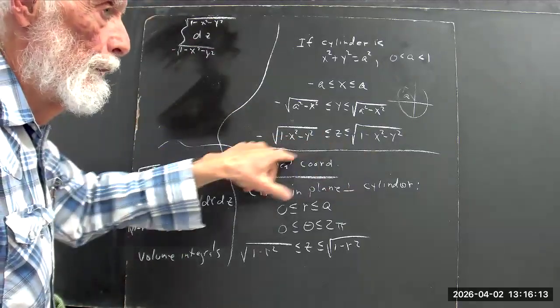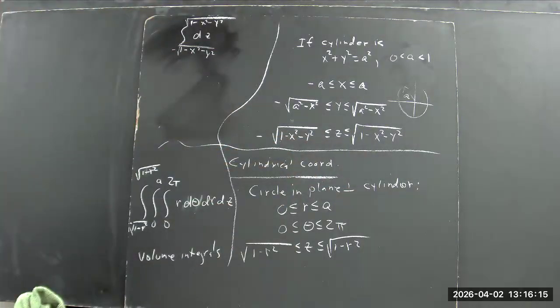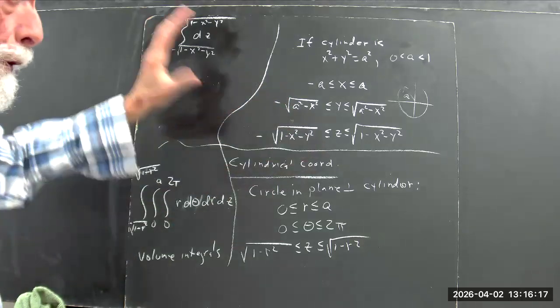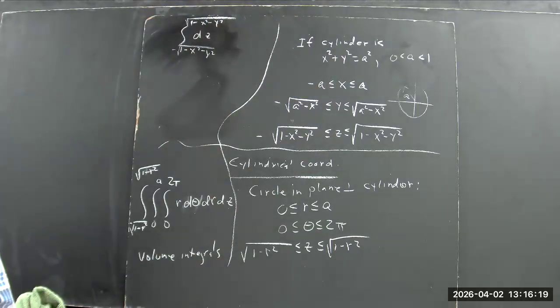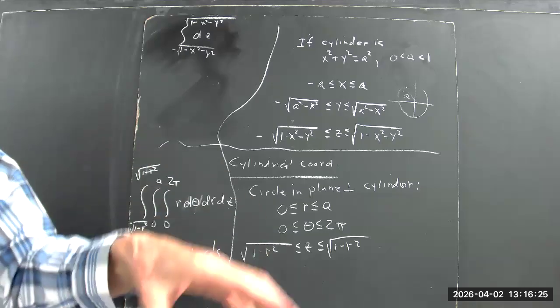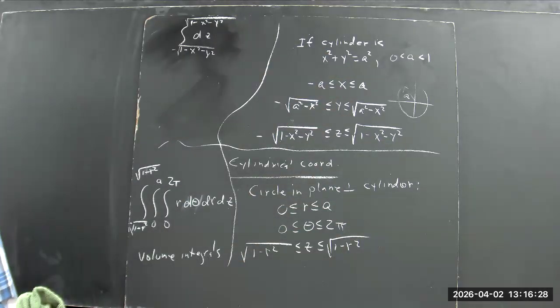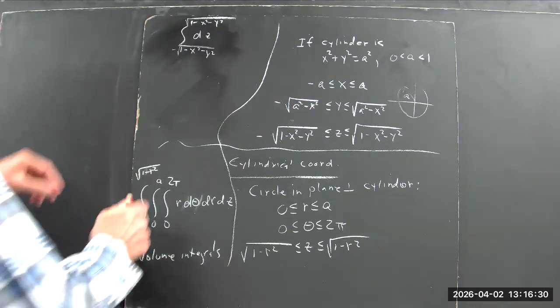Takes care of our z inequality. If you got the inequalities, you just write out the integral. Very easy. If you don't have the inequalities, you're unlikely to get the right integral unless you're just imitating something very similar that you've seen. You want to reason it out.